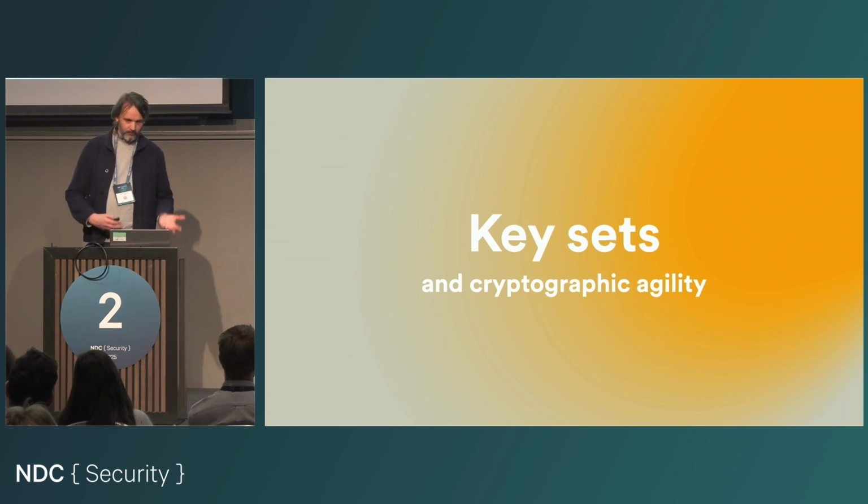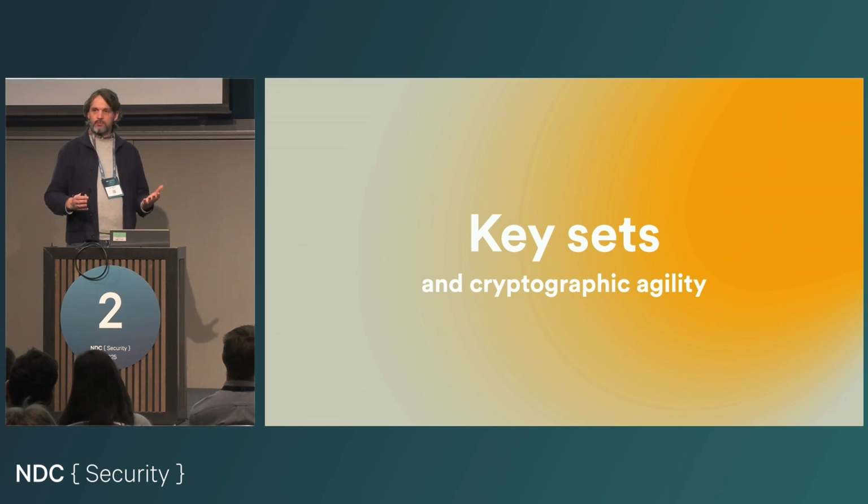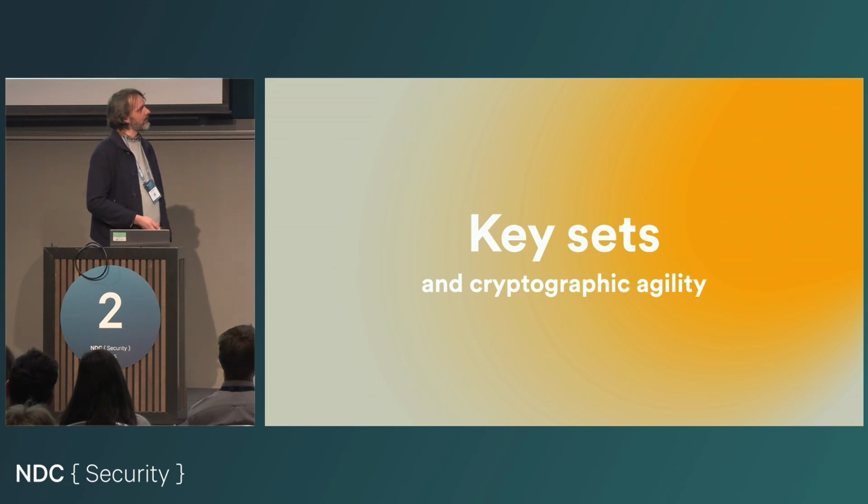If you notice from those code examples I was showing, we weren't dealing with individual keys, we were dealing with what's called a key set, which is a set of keys in Tink. The reason we're doing that is that one of Tink's key design goals is to allow something called cryptographic agility.